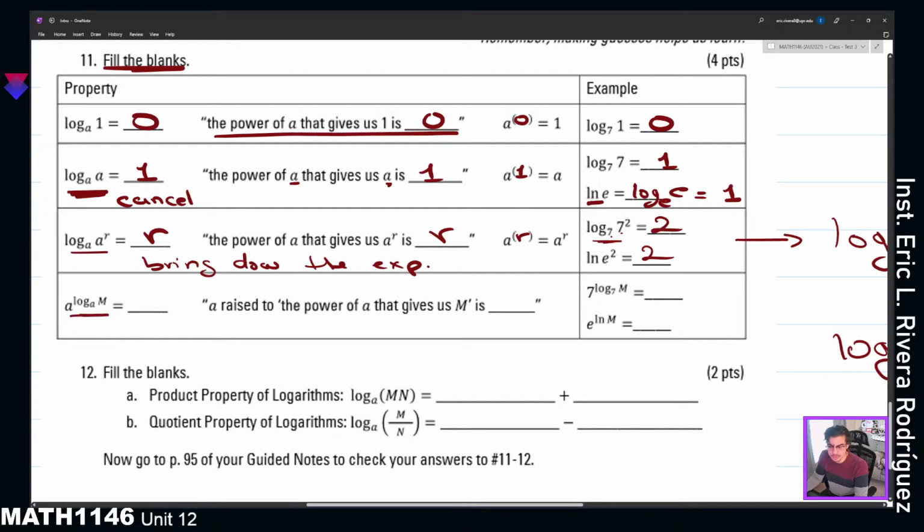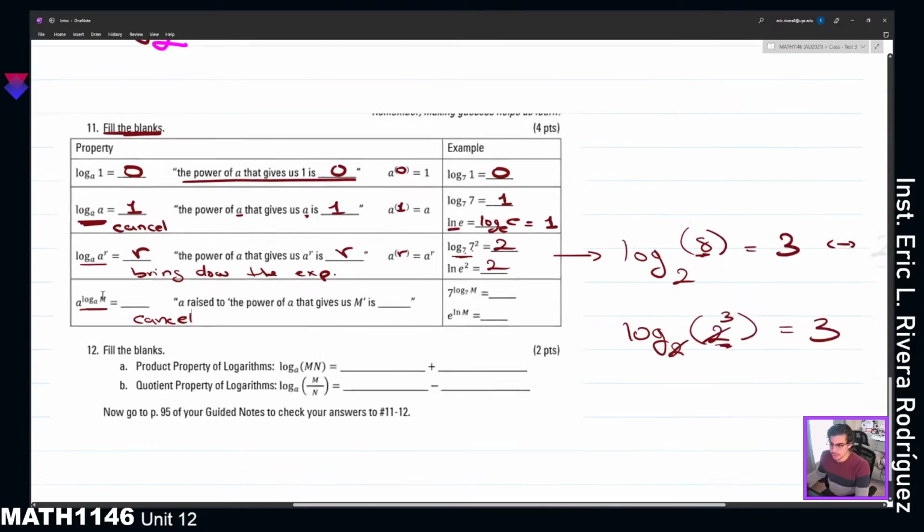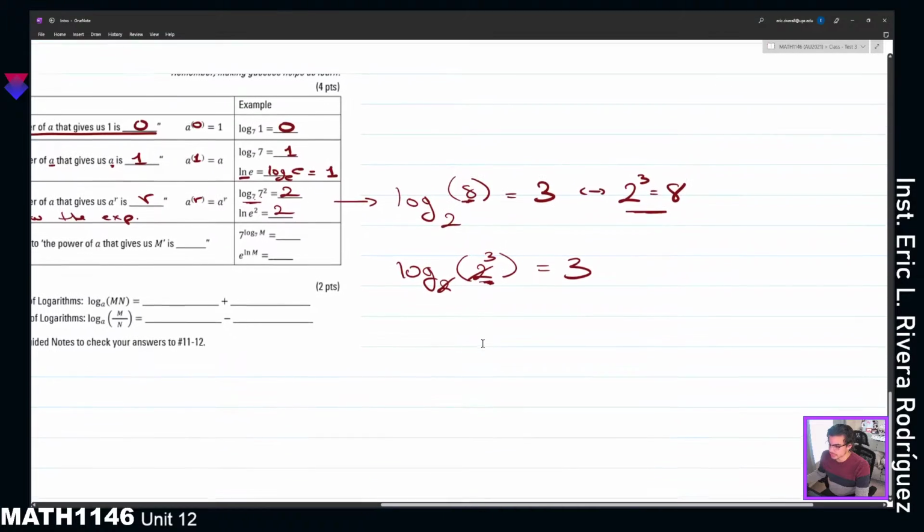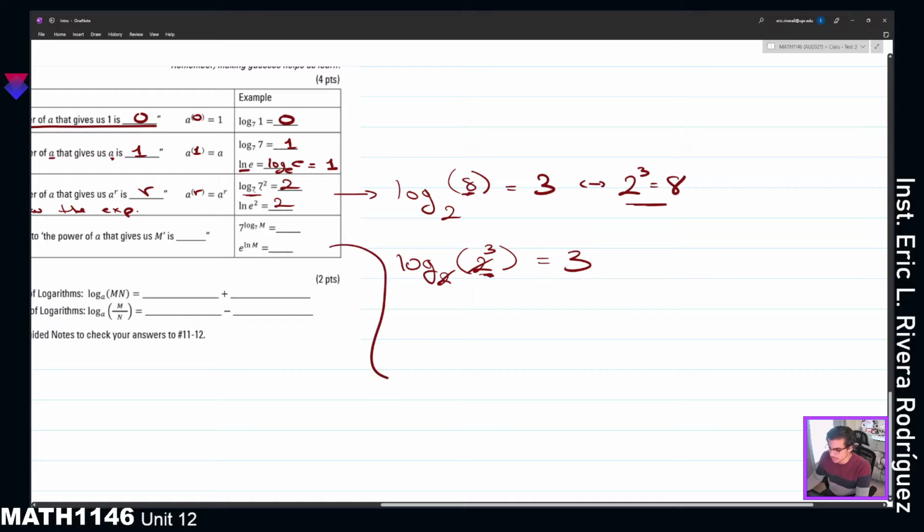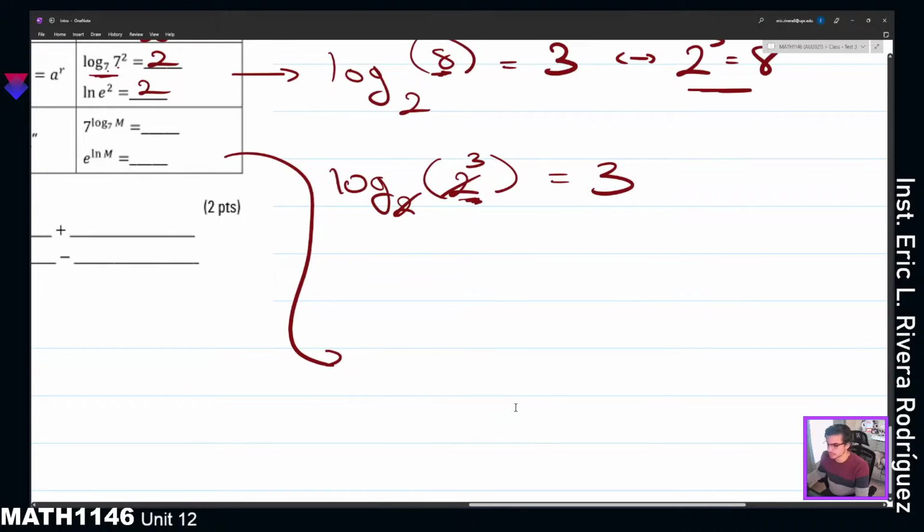Another one that is confusing, but this one is another one that we are going to use to cancel. Okay. So let me give you an example of this first, and then we can continue with the table.